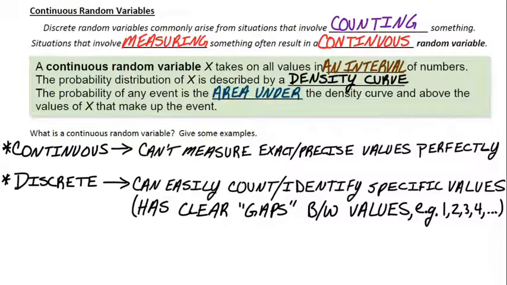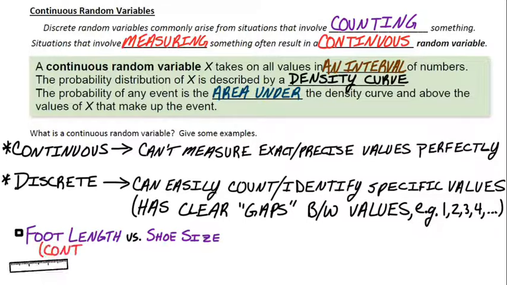So we're going to make some comparisons about things that might be continuous random variables and things that might be discrete random variables. So let's start with foot length versus shoe size. One of those is continuous, one of those is discrete. Keep in mind, things that are lengths, those are measurements. So this is going to be our continuous random variable. Even if we have the best ruler in the world, we're still not going to be able to measure it perfectly exact.